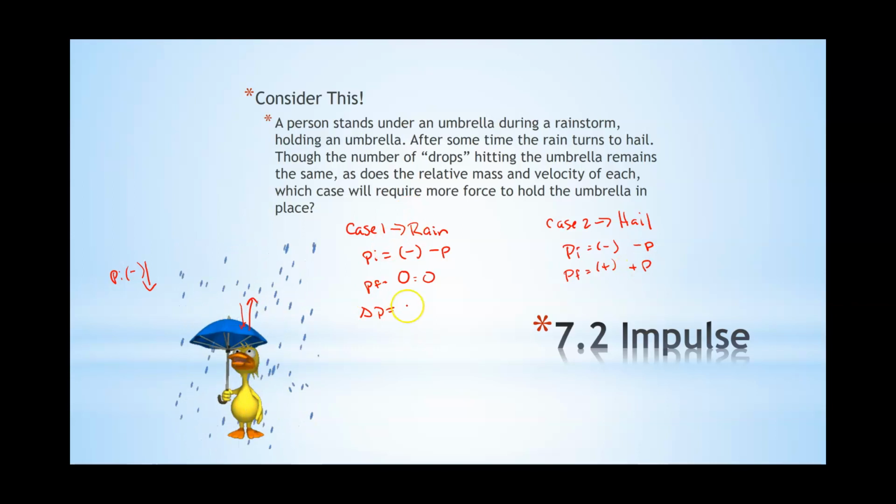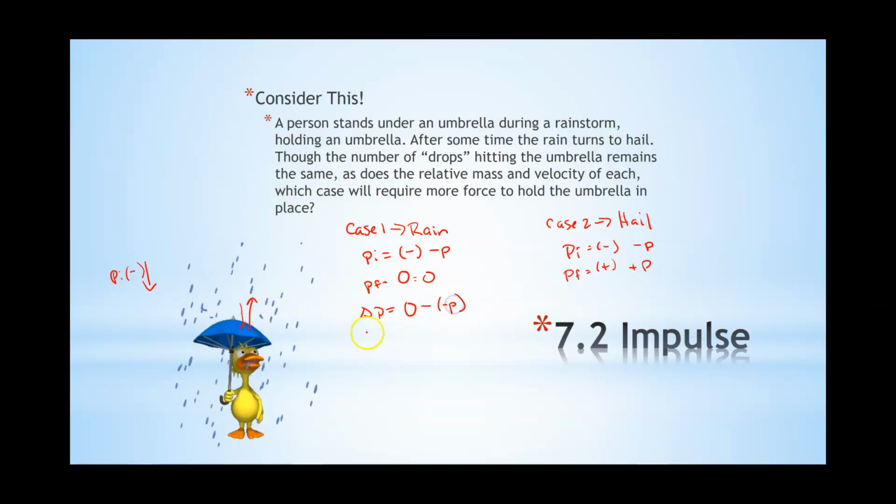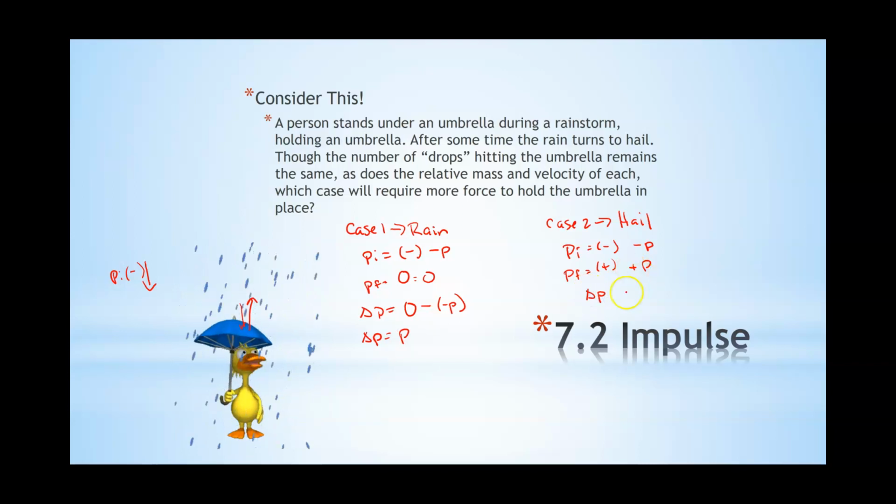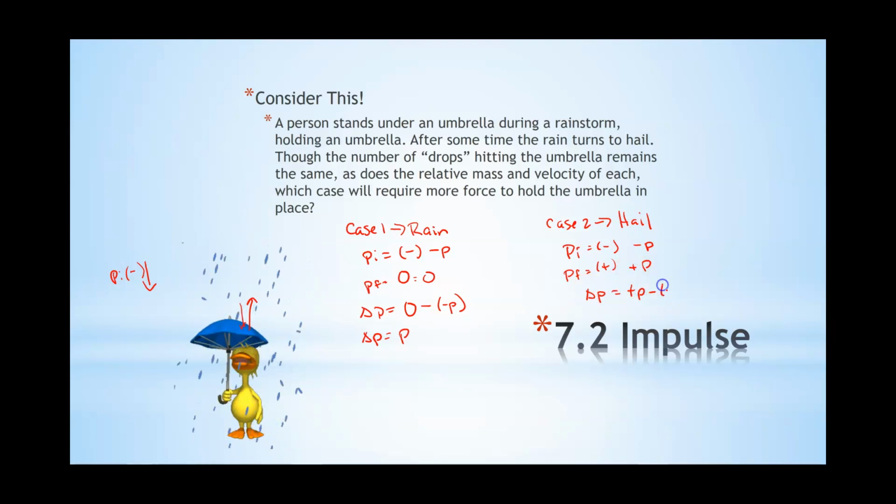So my change in momentum here is 0 minus negative P, so my change in momentum is just P. In this particular case, my change in momentum is a positive P minus negative P, that change in direction. And we get the fact that my change in momentum is 2P, right?